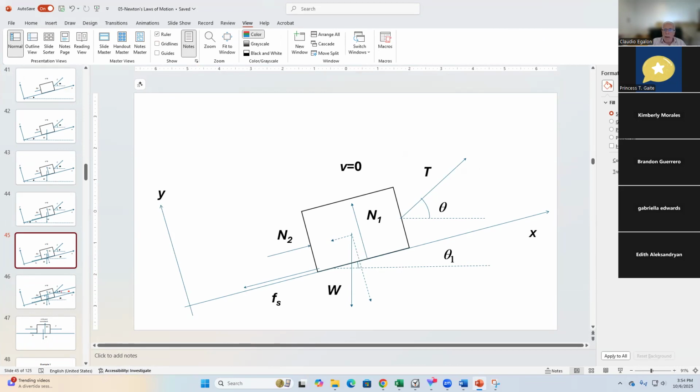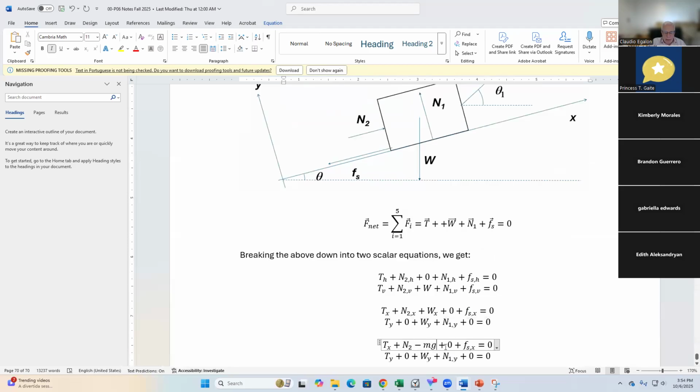Okay, so it's going to be mg sine of theta. Normal 1. Normal 1 doesn't have any X component whatsoever. And the force of static friction can be written down like that.